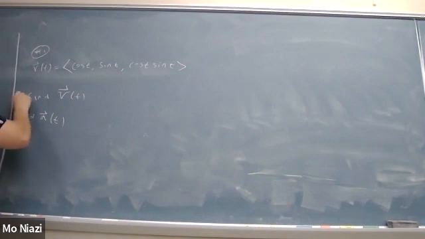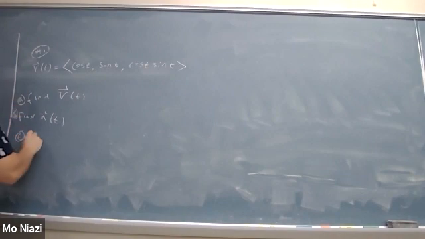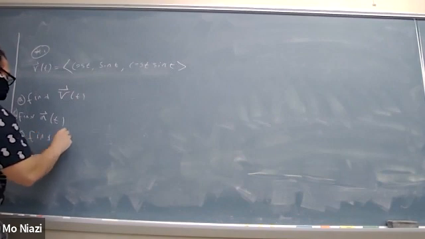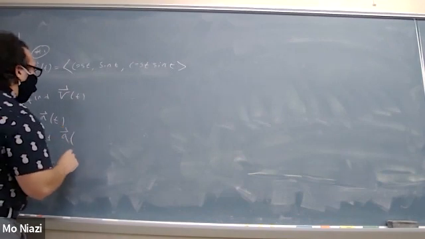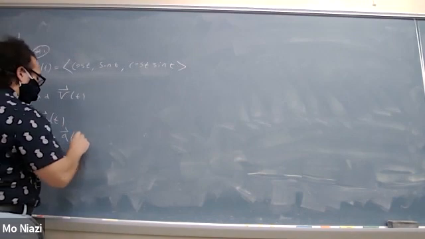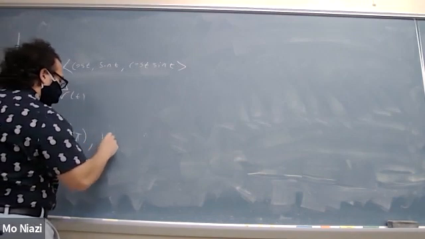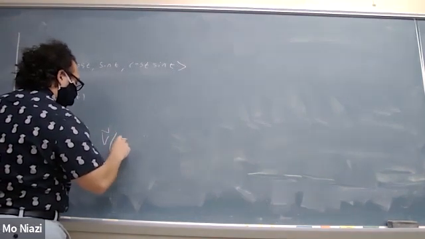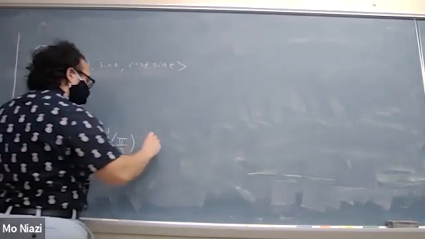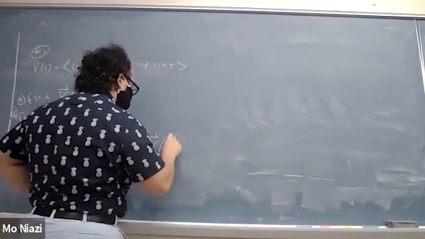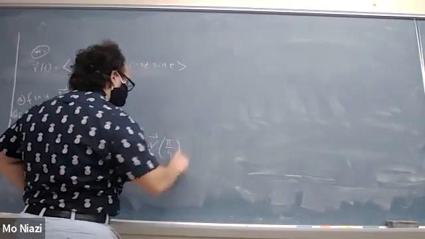So here's A, B, and let's include a C here, A, B, and C. Find A of pi, V of pi over 2, and R of pi over 4.